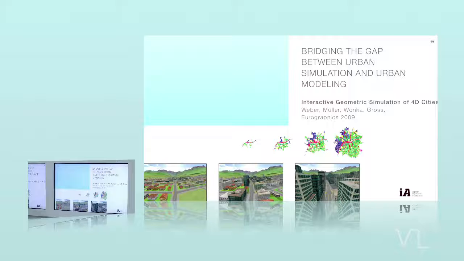This is from a colleague of mine, Basil Weber, who started this in his master's thesis, a project where you can simulate urban growth. For instance, this is Las Vegas, the rules of Las Vegas in this case, how different land use properties developed over time along the strip here.